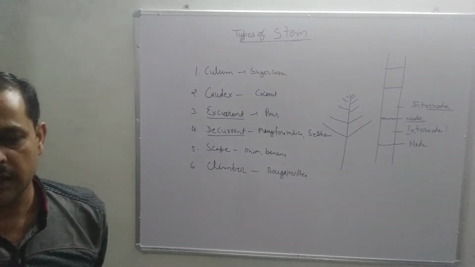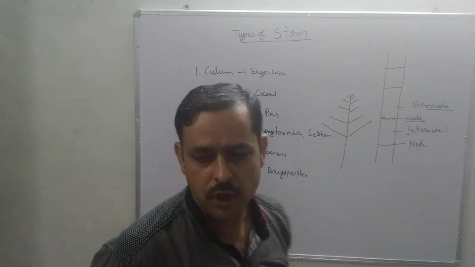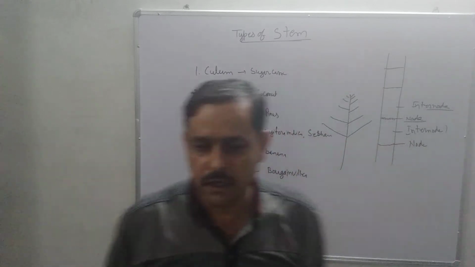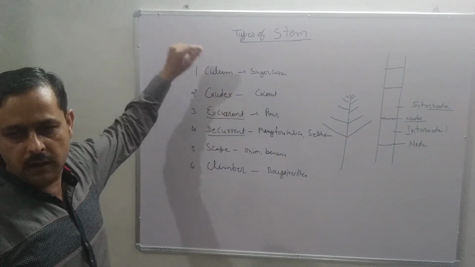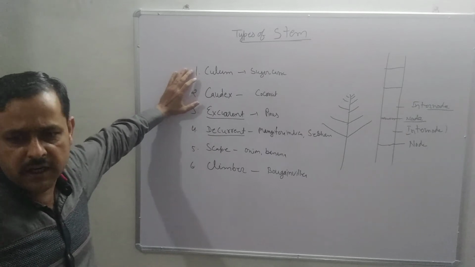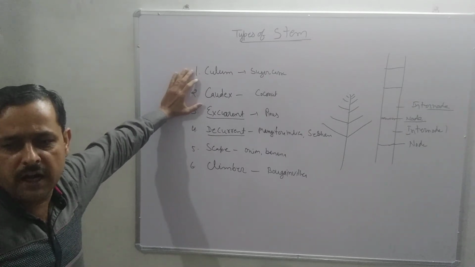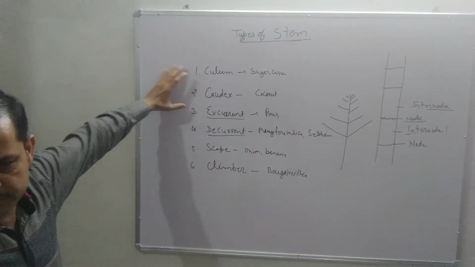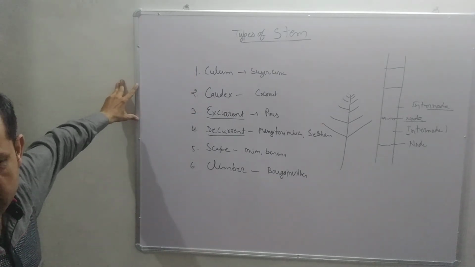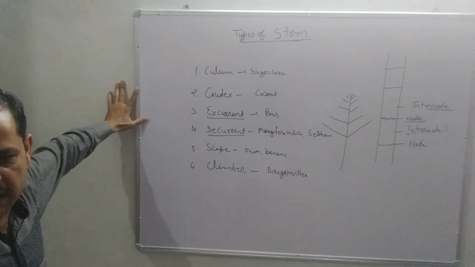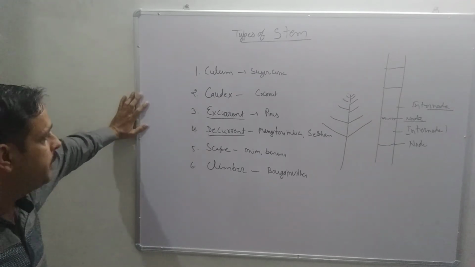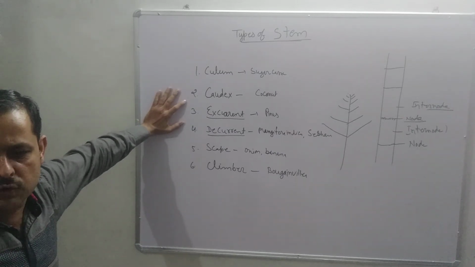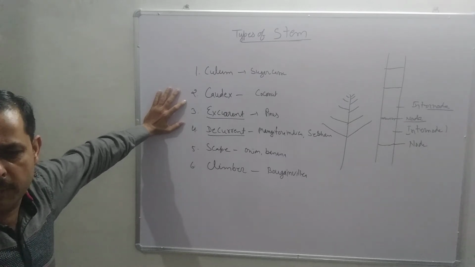We can see in clump the stem is unbranched, showing distinct node and internode. Second, caudex or columnar. In this case, the trunk is unbranched, erect, cylindrical, and marked with scars and remains of fallen leaves. It bears a crown of leaves at its apex. Fern palm is an example. Excurrent, Pinus. In such a case, lateral branches do not compete with the growth of the main stem.